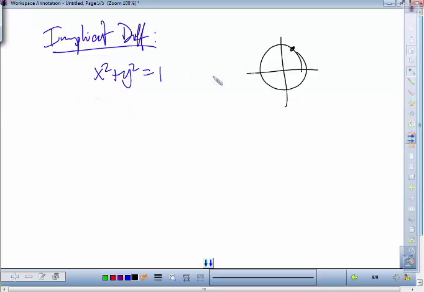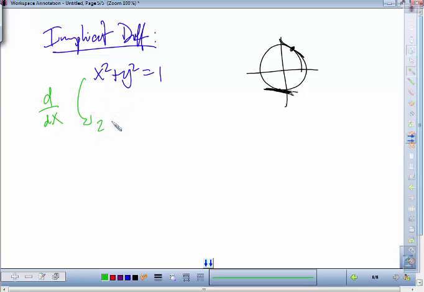So back in the day, we want to find the slope of this line, or maybe a slope down here. If we solve for y, we're going to lose either the top half or the bottom half of the semicircle. So it'd be better to keep this together and see if we can just find dy/dx. We take the derivative by doing d/dx.